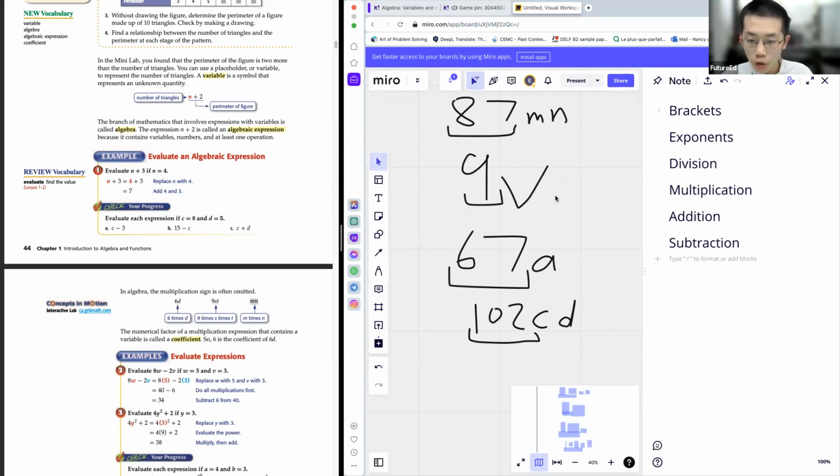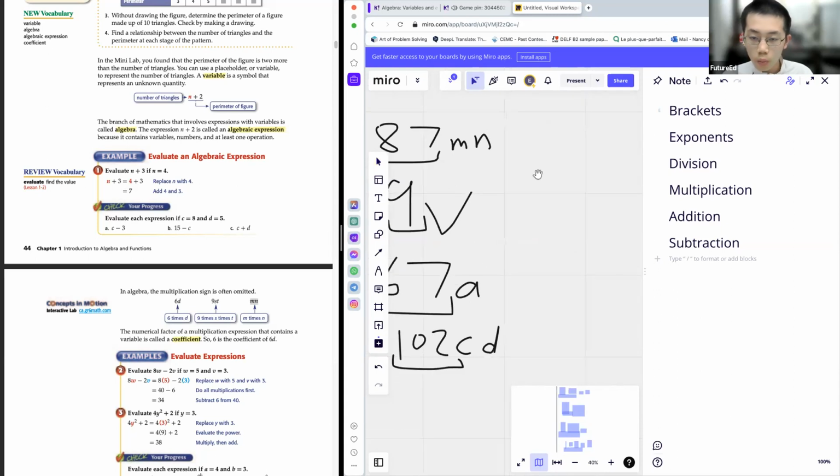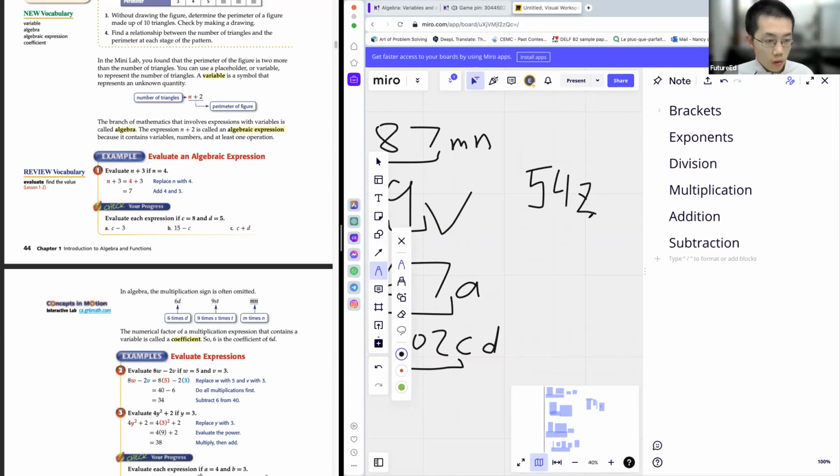Okay, I'll try another example. What about 54Z? What is the coefficient? We see that Z is a letter, right? It's the variable. But 54 is the coefficient because it's the constant numerical part of the expression.